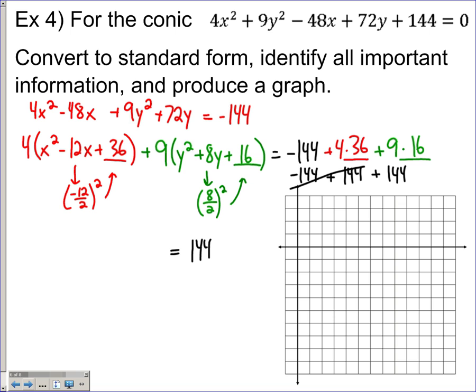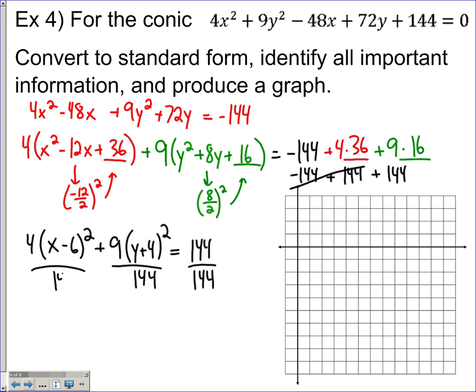And my left-hand side has all these perfect squares. So it's going to be 4 times the quantity (x − 6)² plus 9 times the quantity (y + 4)². And last but not least, we're going to divide everything by 144 so that we set our equation equal to 1.